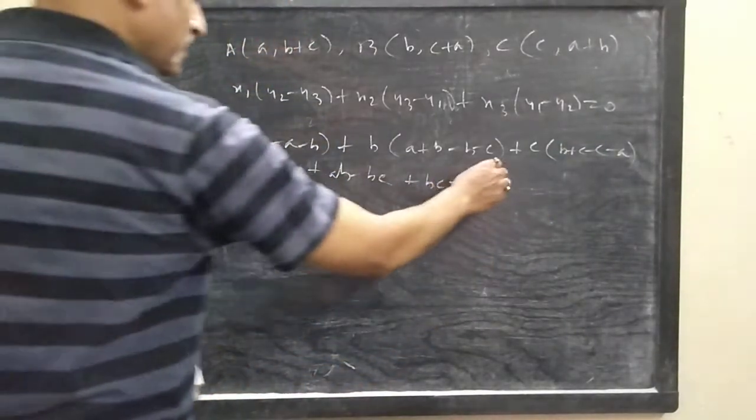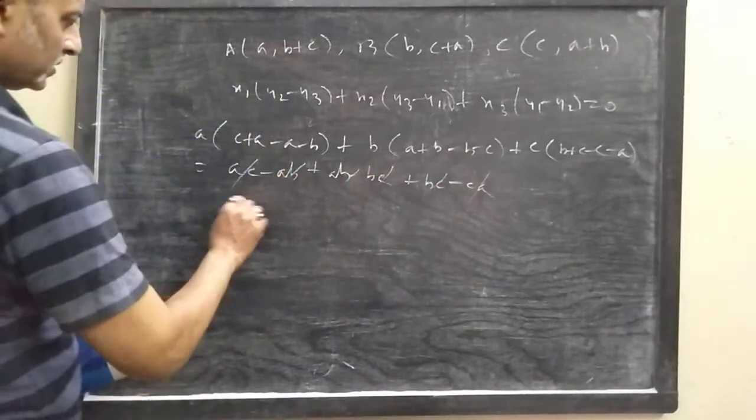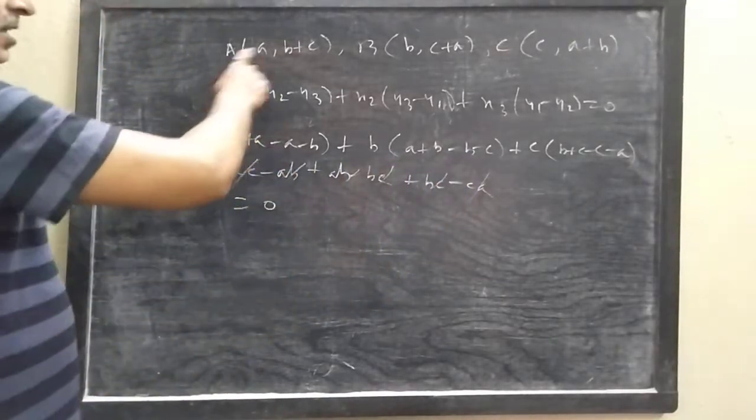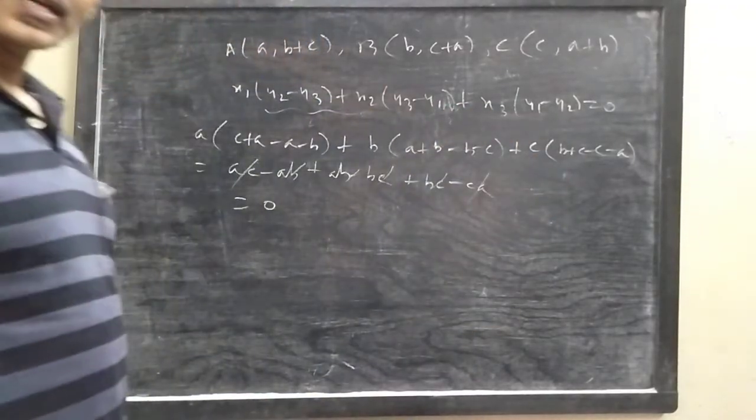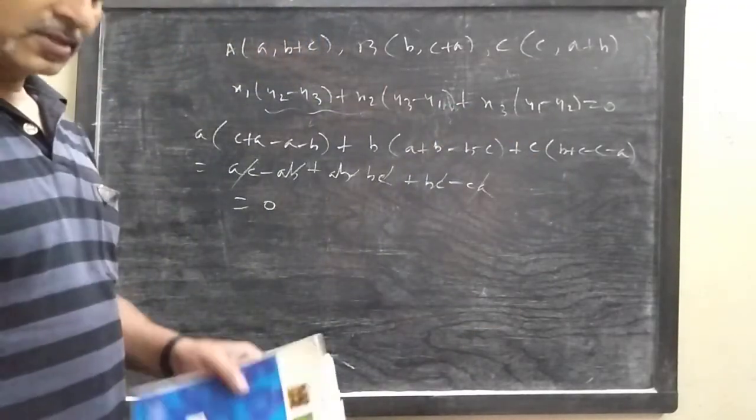Now look, AC and CA cancel, AB cancels, BC cancels, giving 0. So the given 3 vertices satisfy the condition of collinearity. Hence we can say the given 3 points are collinear.